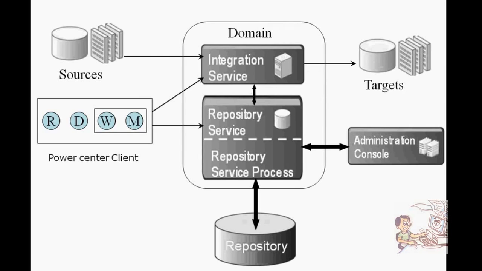You are executing one flow and other people are also executing flows, so sometimes the integration service will be busy. At that time, in real time, they create multiple integration services on the same repository. If one integration service is busy, we can use another integration service related to the same repository to execute that process.